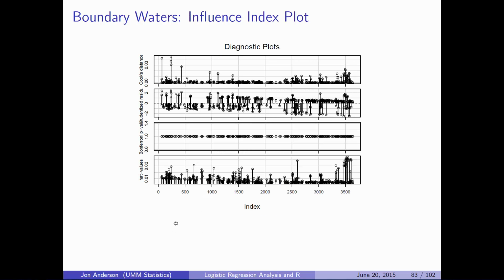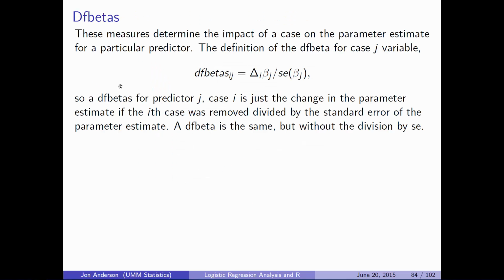Here is an influence index plot, which you've seen previously, that has Cook's distances in the top panel, residuals in the second panel, and leverages, hat matrix values, in the bottom panel. For this particular data set, we don't really see any Cook's distances that are very abnormal compared to any others.